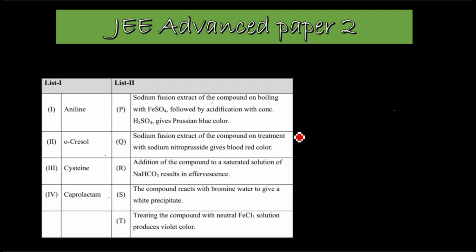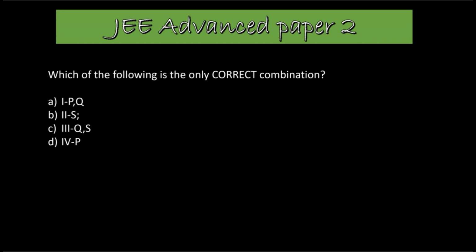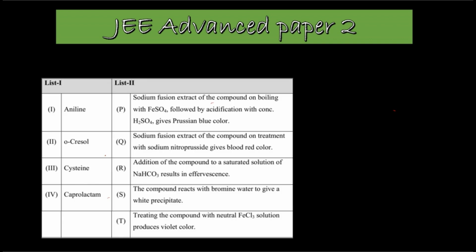This question is a match the column type of question. Aniline, orthocresol, cysteine and caprolactam are given. We have to match them with the correct test. The questions are which of the following is the correct combination and the incorrect combination. Okay, so let's check what we have here.